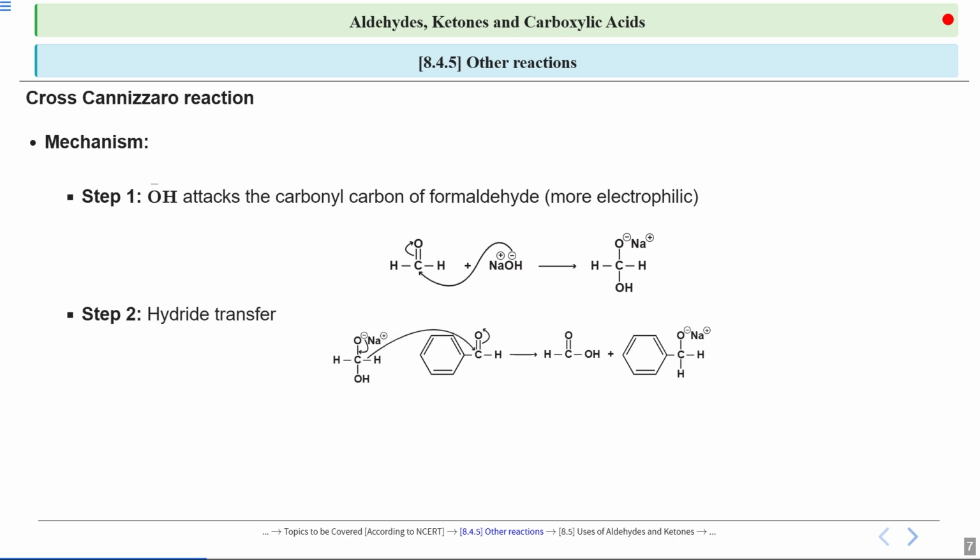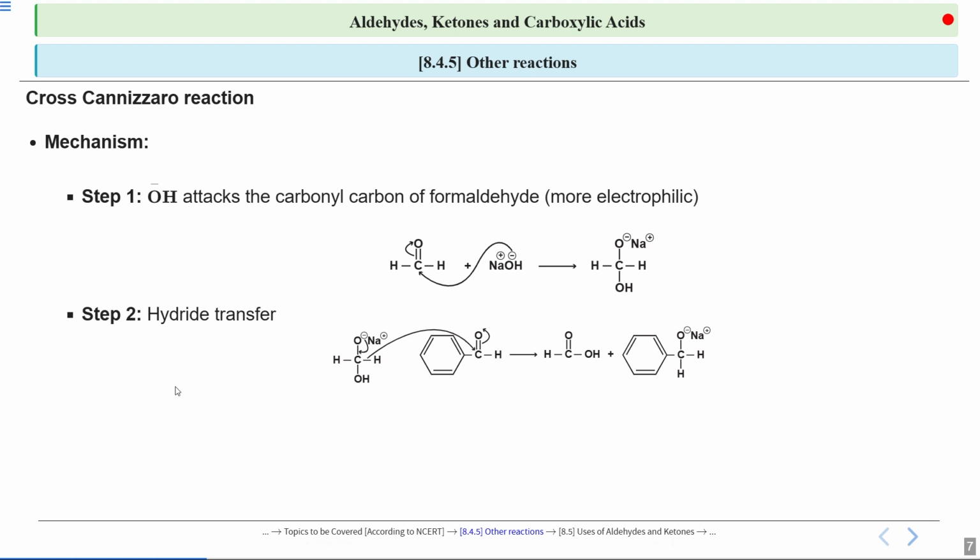Now moving on to step 2, it is a hydride transfer. What is this hydride transfer? This involves the movement of a hydride ion from the tetrahedral intermediate to benzaldehyde, and formaldehyde is oxidized to carboxylic acid. If you look at this reaction, from this tetrahedral intermediate there is a hydride transfer to this benzaldehyde.